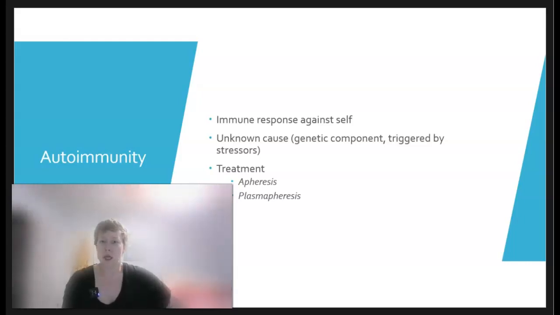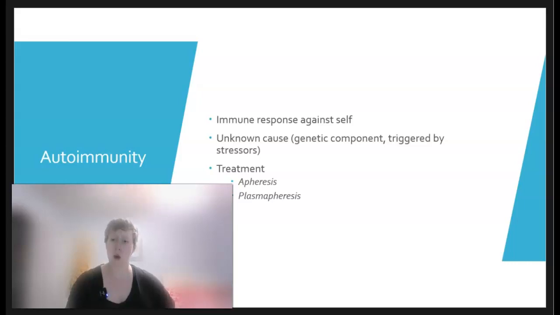Leukocytopheresis removes white blood cells from leukemia patients who might have extremely high white blood cell counts. Plasmapheresis is when we're removing some of those plasma components thought to cause disease. So the autoantibodies, the ones that are attacking our self-antigens, that's what we're trying to remove.